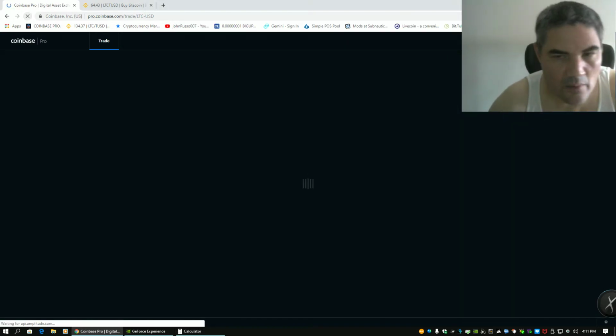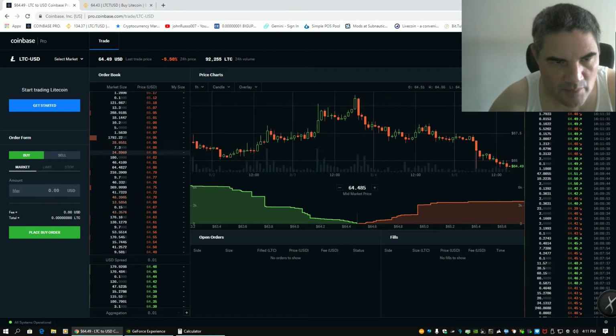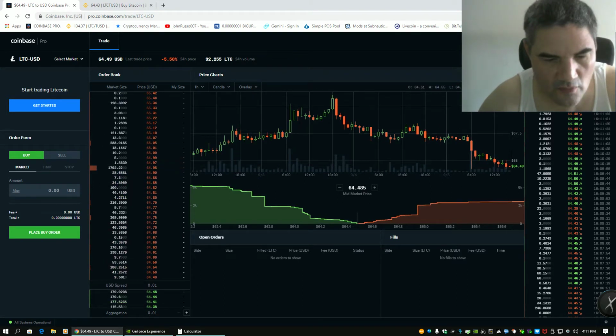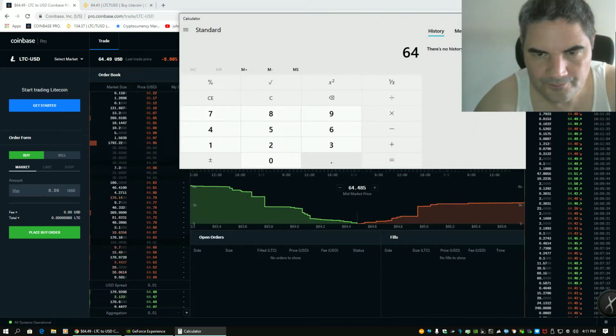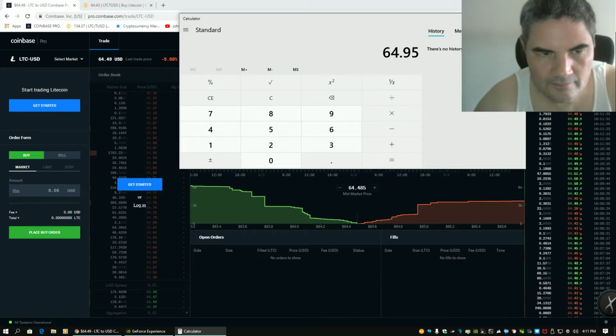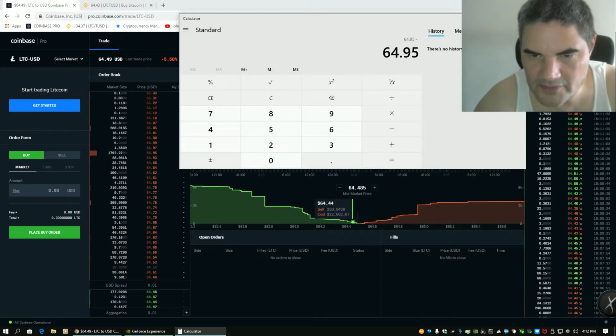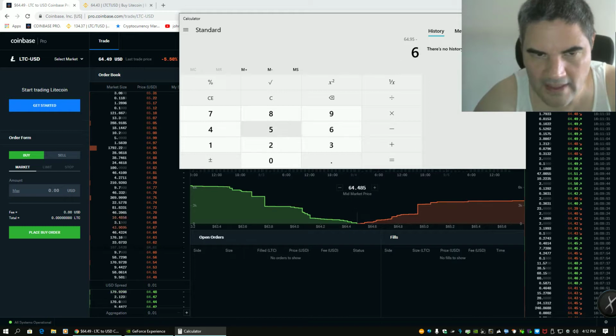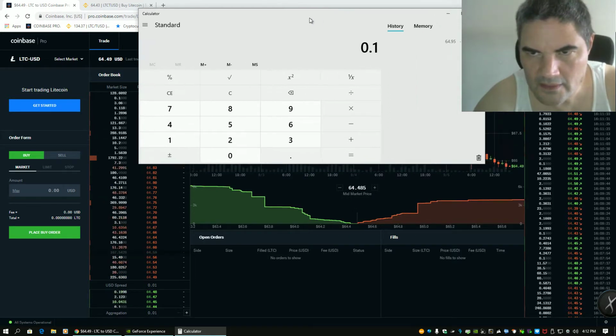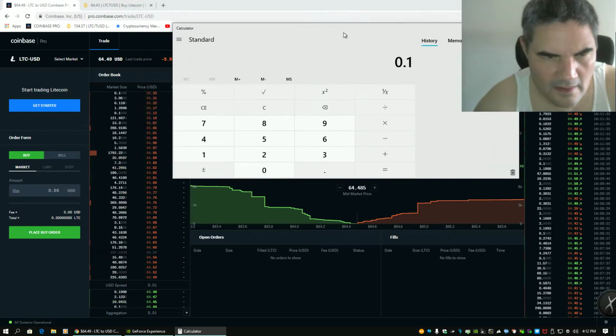So let's show you how these trades are not equidistant. 64.95, right? Then you take out the fulcrum. Distance from the fulcrum will be pointed out. It's 10 cents, isn't it?